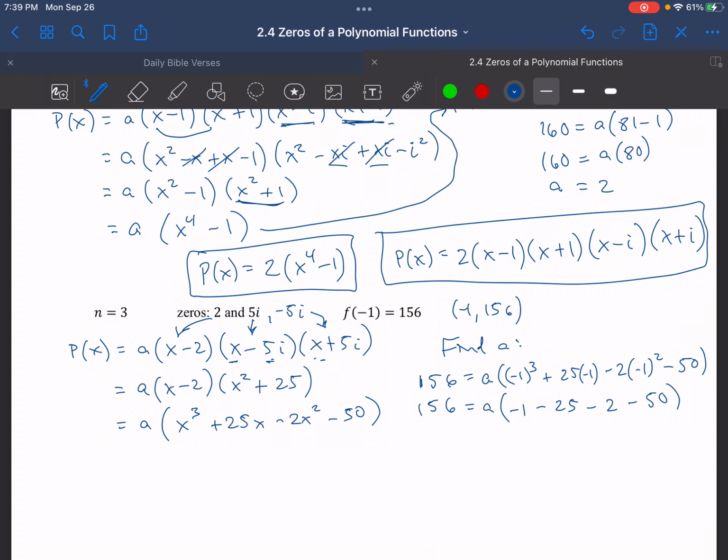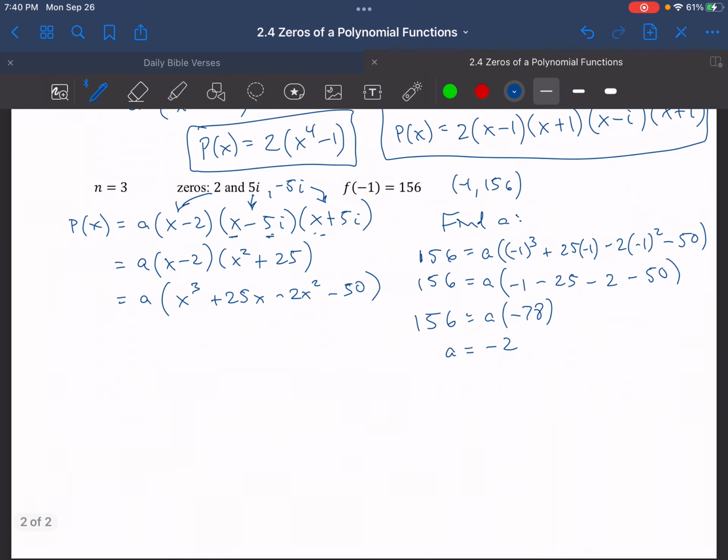We end up with -1, minus 25, that's -26, and then -27, or -28, I'm sorry, not -27. -28 a is going to be -78 over 156. And so that gives us an a equals -2 here.